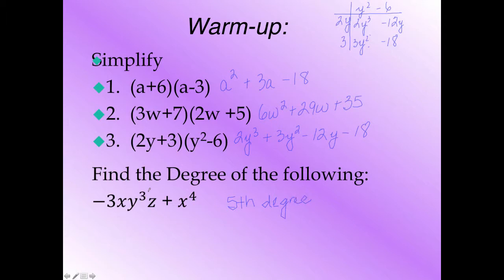Because I've got a y cubed. Remember, I don't have anything here, but of course this would be a 1 and a 1. And if I add the degrees of all of my terms in the highest term, I've got a fifth degree binomial. This x term was only degree 4, so this first term is the higher degree.